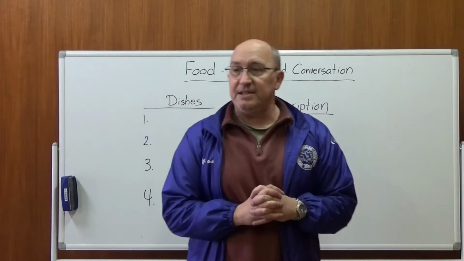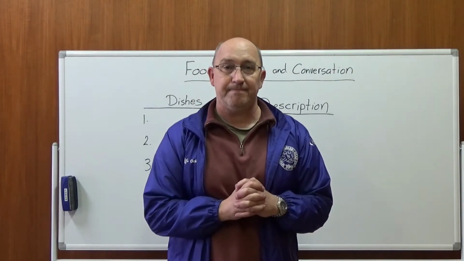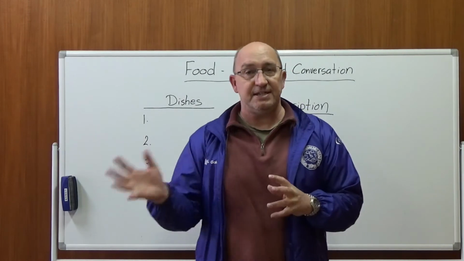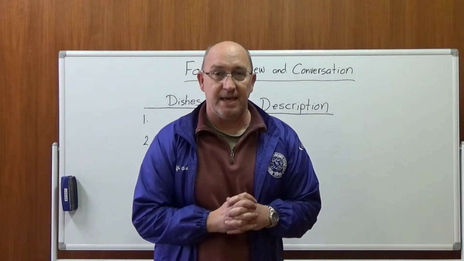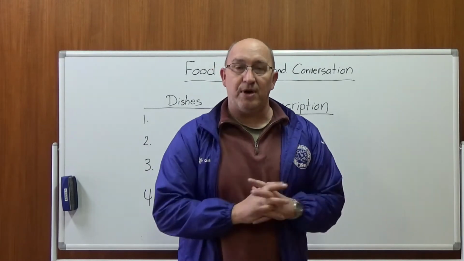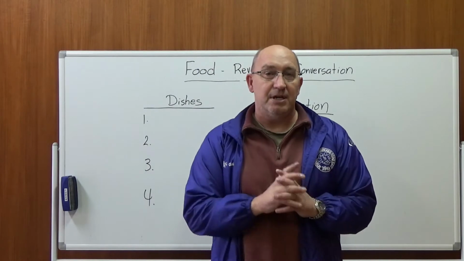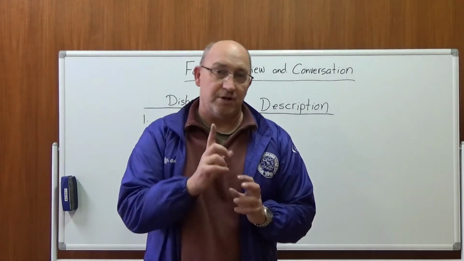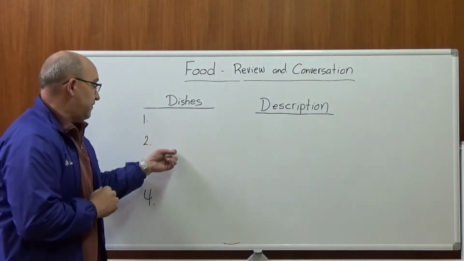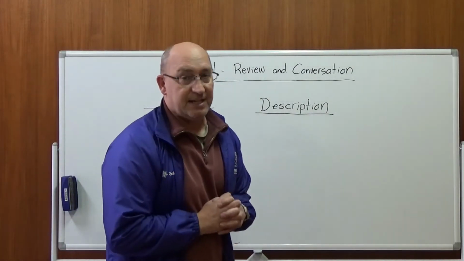Now, this is a conversation between two friends. Maybe one friend is visiting Japan. And the two friends are going to go out to eat. Okay? Now, please listen for 4 different dish names. What are they going to eat?